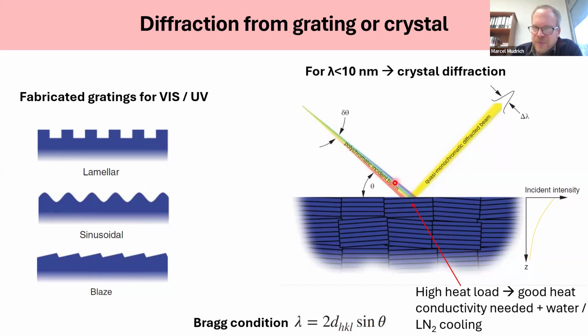A lot of this broad spectrum, which does not fulfill Bragg's condition and is not diffracted, will just be absorbed inside the material. So the first diffraction grating in such a synchrotron beam absorbs a very high heat load, and therefore needs very good cooling and good heat conductivity. Typically these crystal gratings are water cooled or even liquid nitrogen cooled.